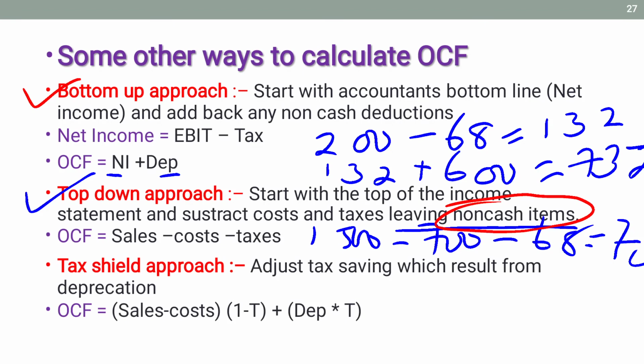Tax shield approach. Adjust the tax saving which results from the depreciation. How? So here also you are calculating OCF, operating cash flow. So according to this approach, how can you apply?